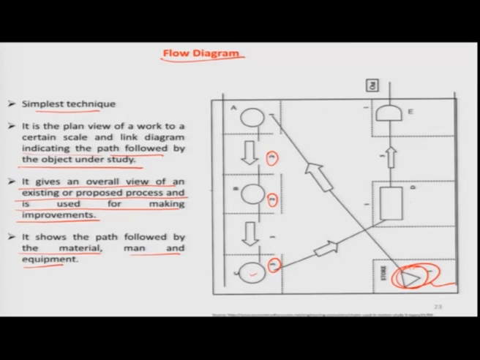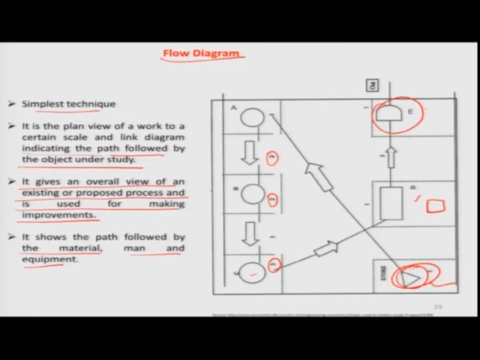Then it will have a temporary delay, and after that there will be some inspection, and after that it will be transported to the storage section again, and from there this product will go out to the market. Okay. So, this is the simplest way to record the movement of your material.